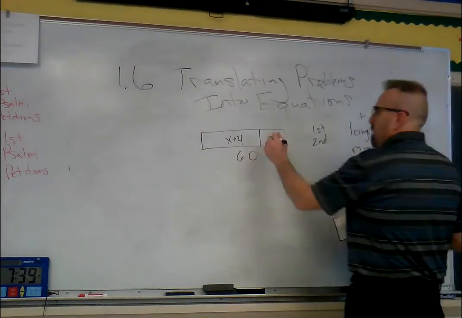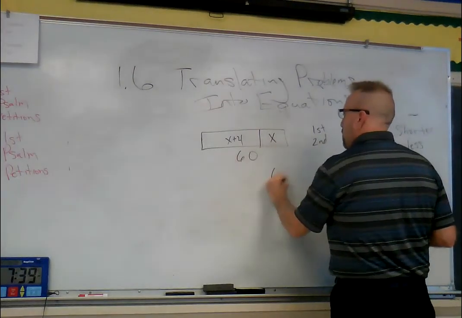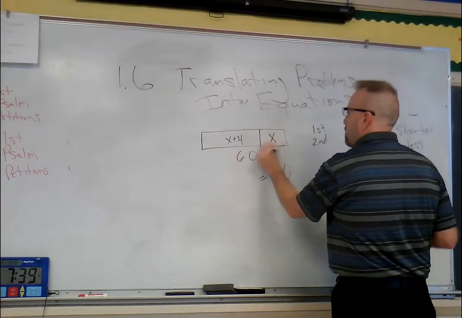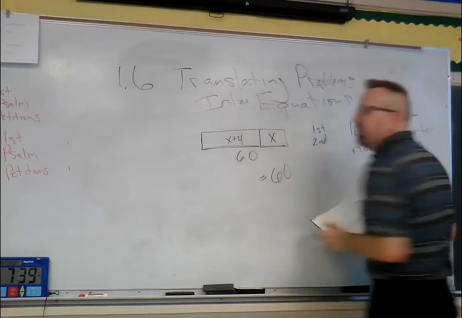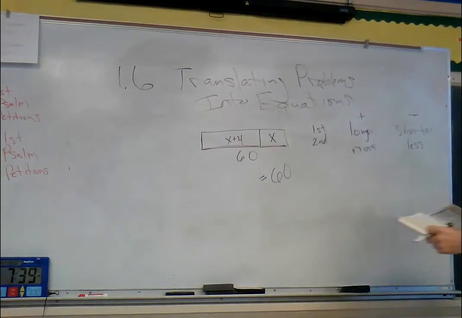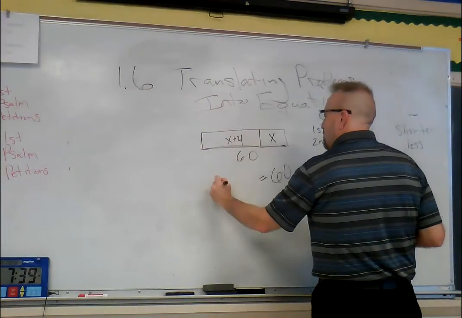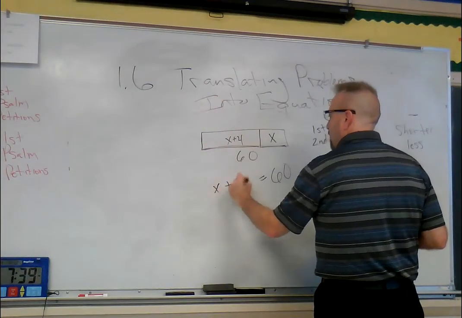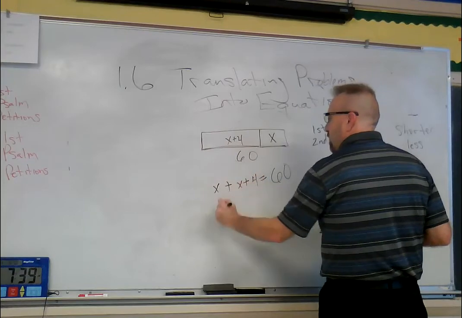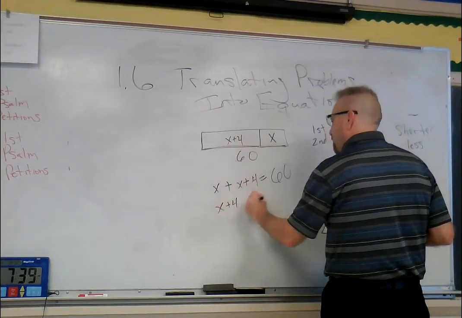So now, we know the total is 60. How could we get the total using these 2 portions? X plus 4. So we got one piece, and then we're adding the other piece. Would it have been different if we wrote it this way?